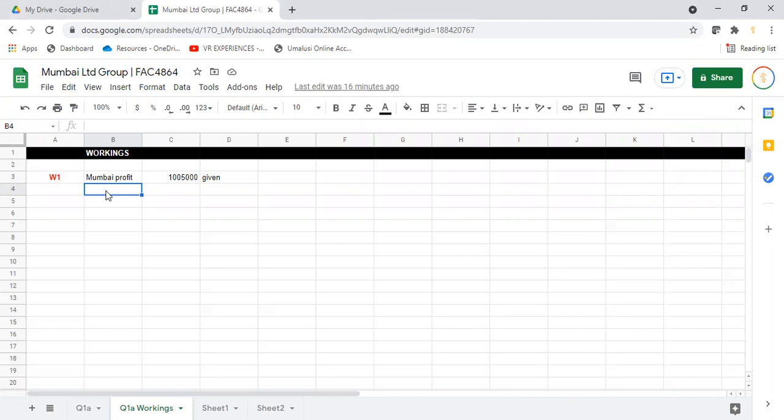The sub is making the profit. So when we make the adjustment, we need to adjust the unrealized profit in the sub's books. That is very, very important, because if you make the adjustment in the wrong profit, then NCI will automatically be wrong. So just be aware of that.